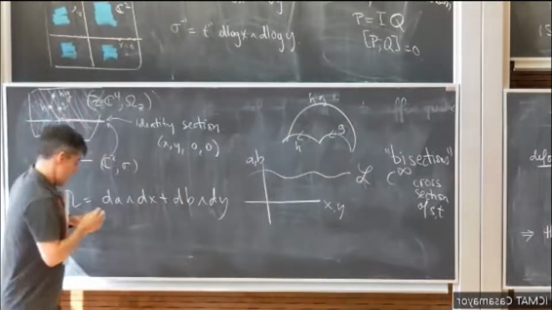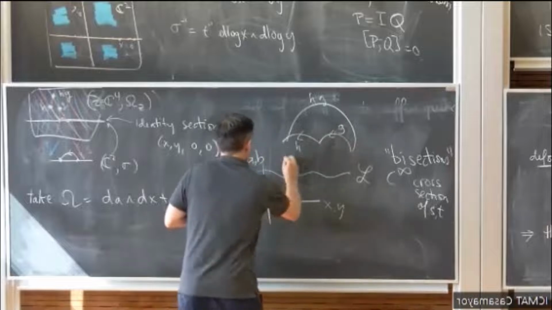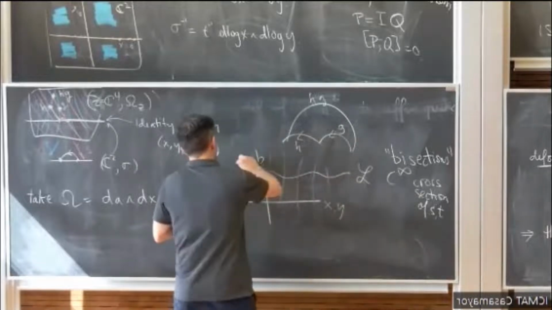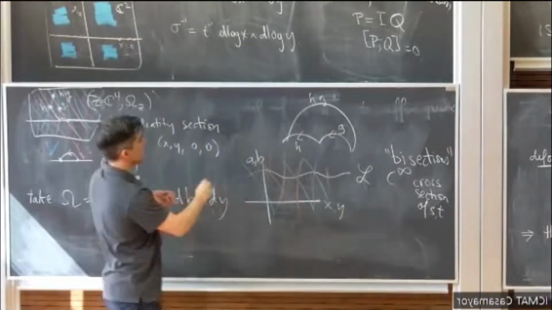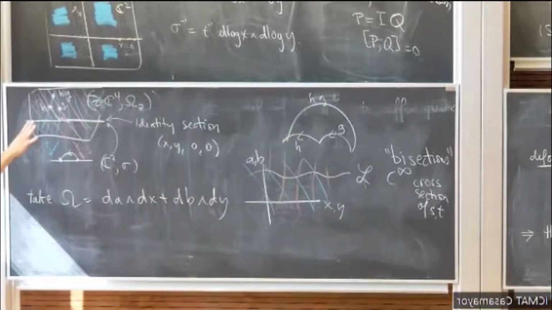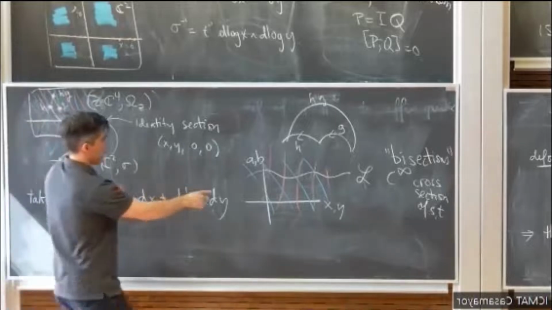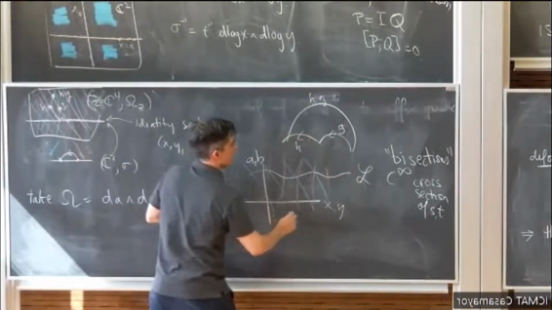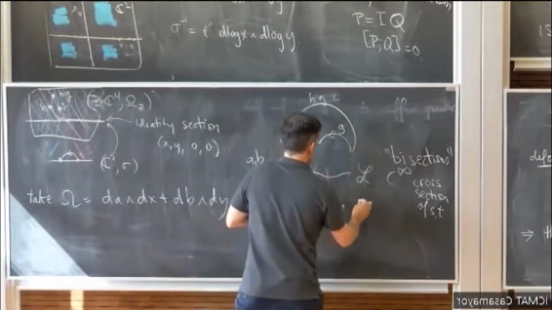Okay, and let me just draw these in. So this is a section of both of the maps from the A, B, X, Y space down to the X, Y space. And how do I describe this C infinity cross section?